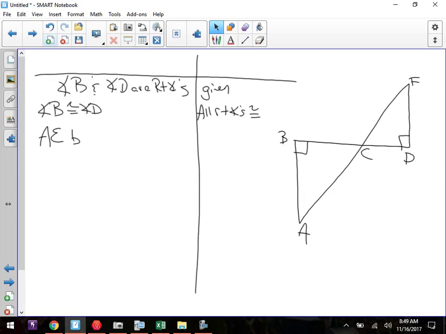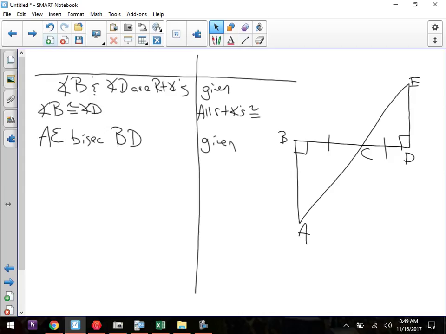AE bisects BD. AE, here's BD. It doesn't say that it bisects, it doesn't say that they bisect each other. I had a couple of people asking me about that yesterday.